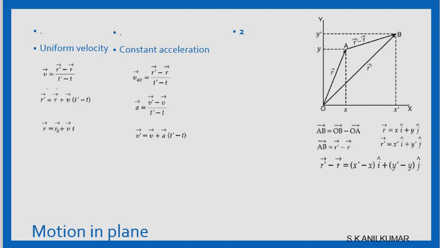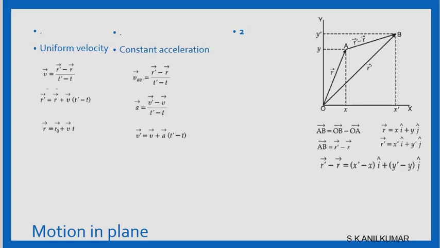So r dash equals r plus v into (t dash minus t), the change in time, or r equals r0 plus vt, initial position plus velocity into time. This is what happens in uniform velocity.